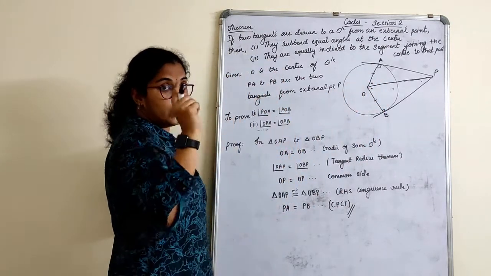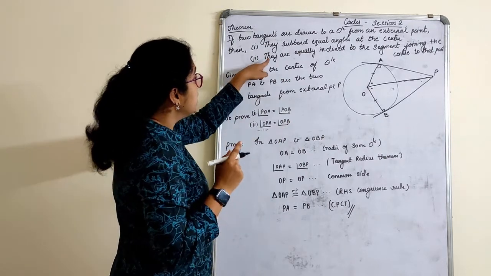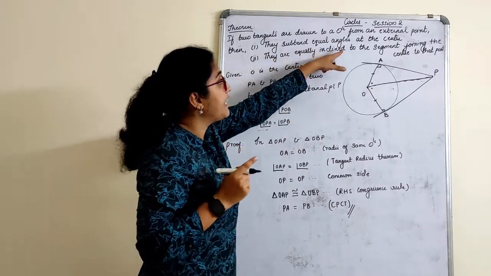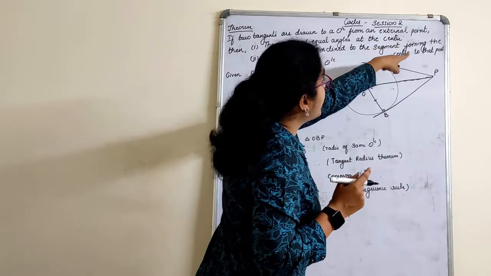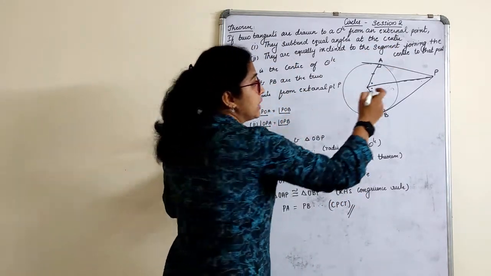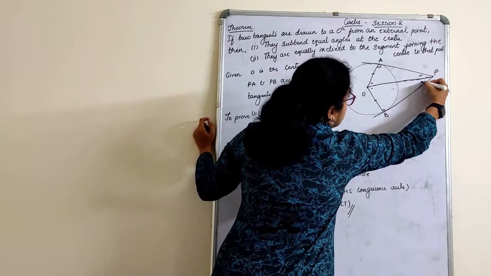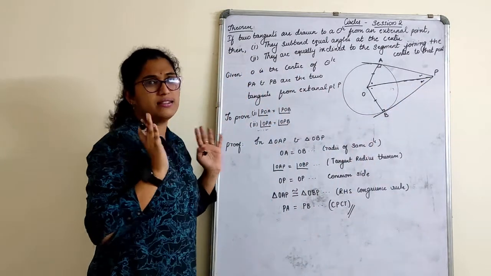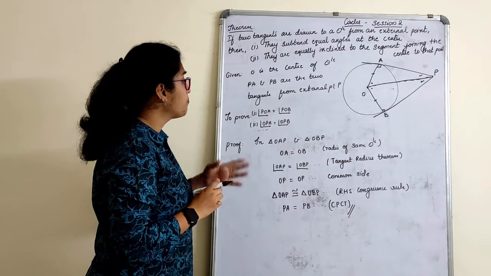These two angles are equal, and they are equally inclined to the segment joining the center to that point. These two angles are also equal. Simple, children. Very clear on this.